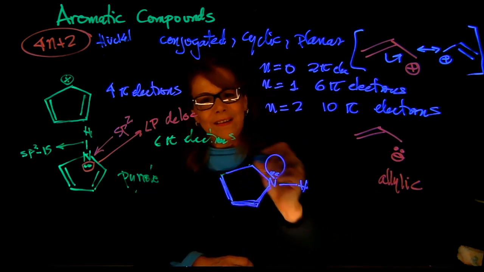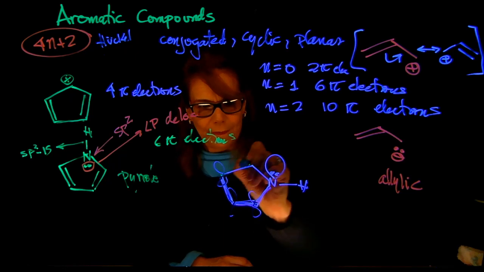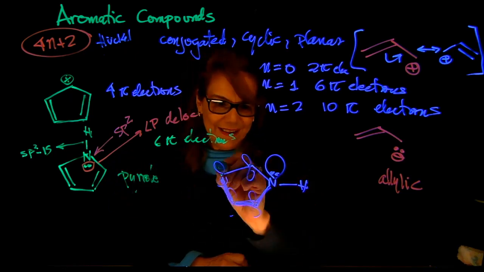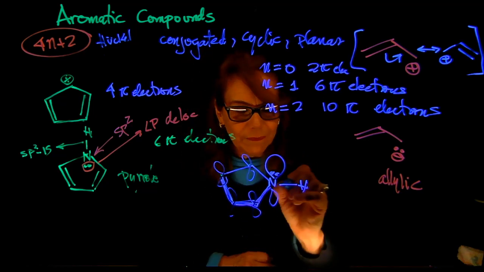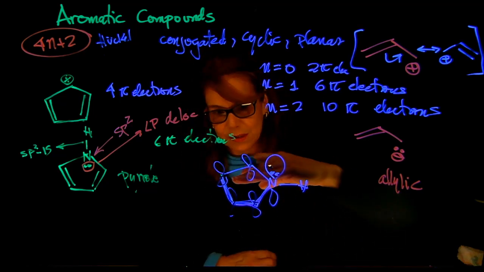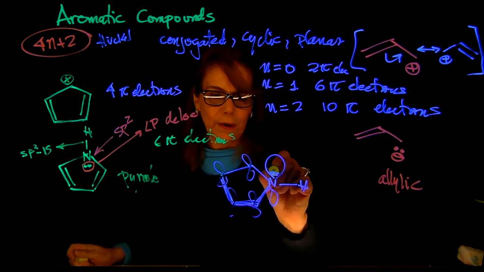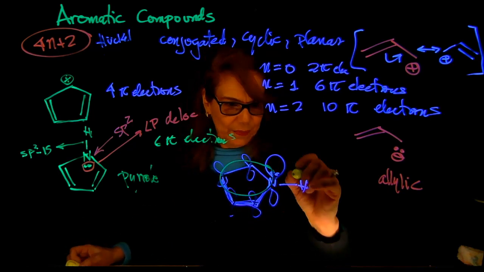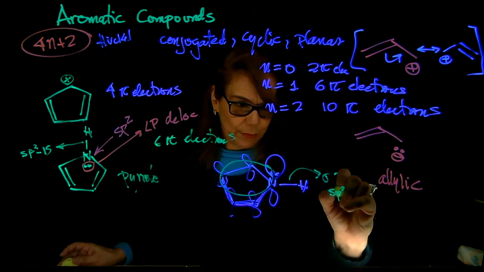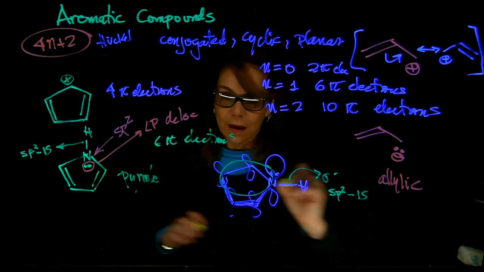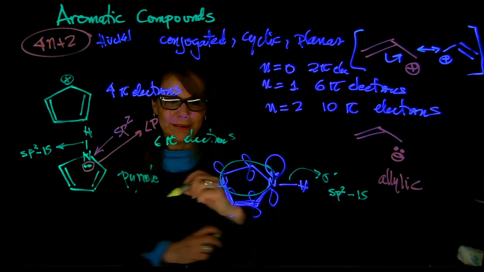In that sense, we will have p orbitals, the ones that make the double bond, that are parallel to this. And the bond here is perpendicular to the system. So all of that is delocalized, and that's why we count that. The sigma bond here is made by the overlap of an sp2 orbital from the nitrogen and the 1s from the hydrogen. So we count those electrons. That's the bottom line.